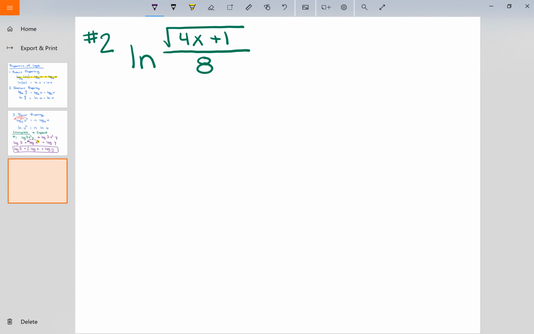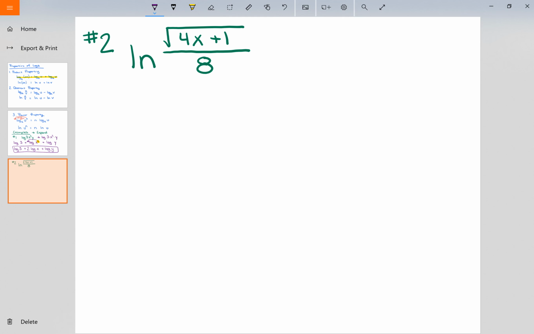My first question to you is going to be, what do we have going on here? So we're looking at product rule, quotient rule, power rule. What do you see? I'm hoping the one that you see first would be the quotient rule. So we know that we're going to be subtracting these to expand them.